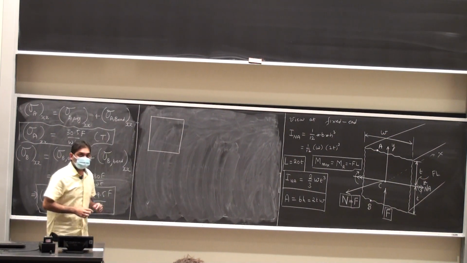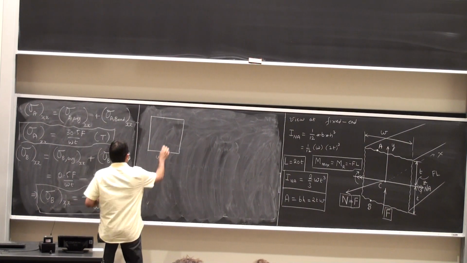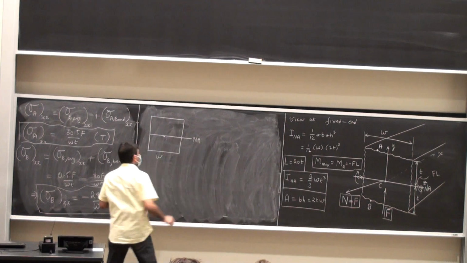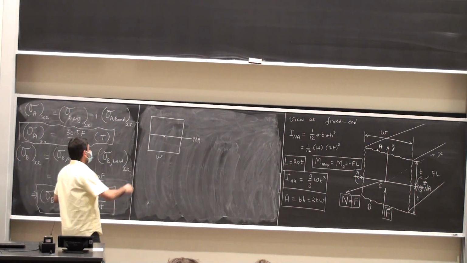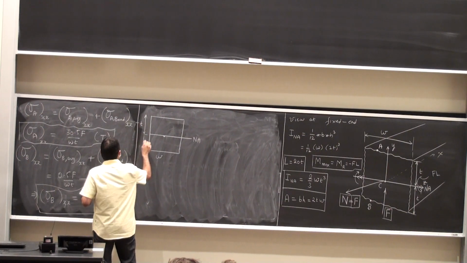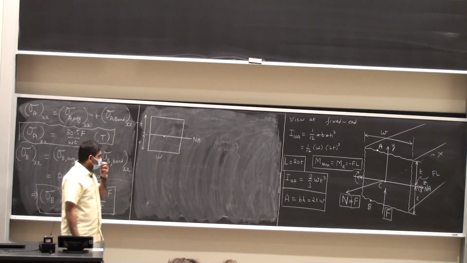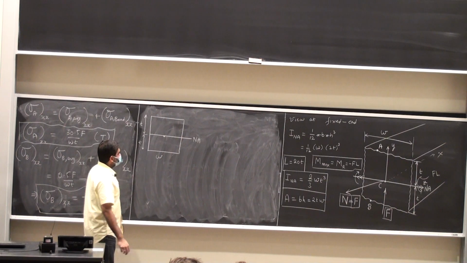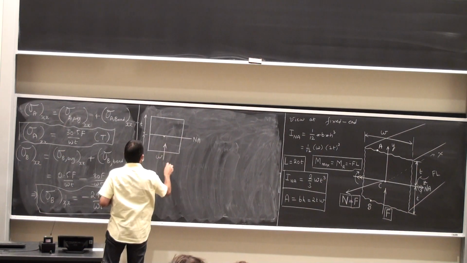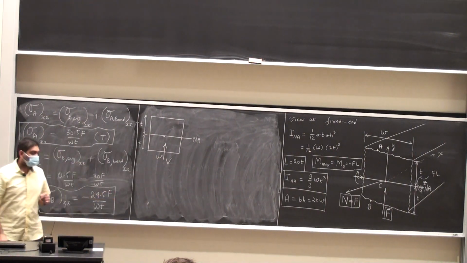If I have a cross section of width W, this is the neutral axis, the total height is T, and t from the neutral axis. If the direction of my shear force is, let's say, up, okay, so this is the direction of my shear force.